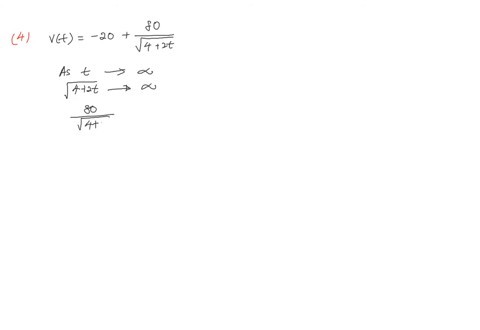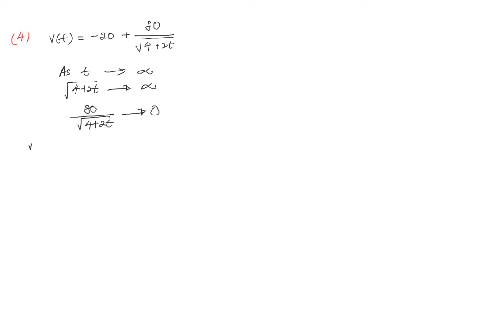Okay, so it will approach what, Shafiq? 0. Everyone, do you understand why it approaches 0? Krishalini, you understand? Yes, because 80 divided by infinity is very, very small, correct?